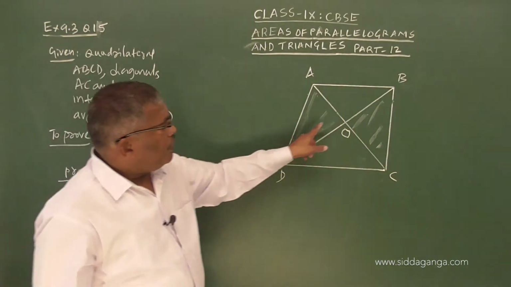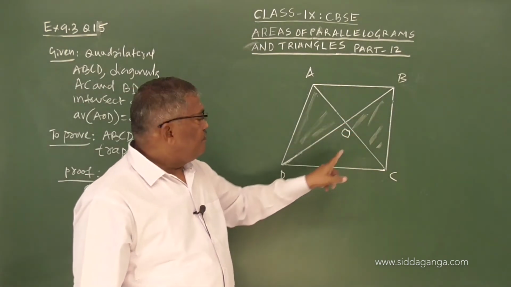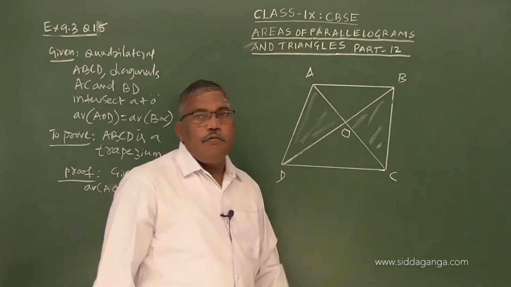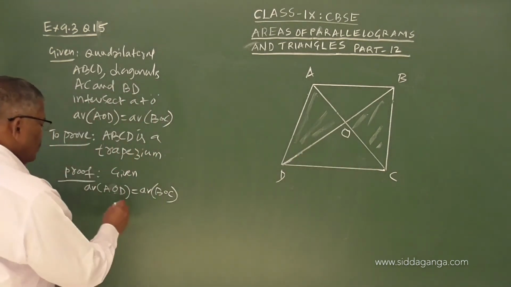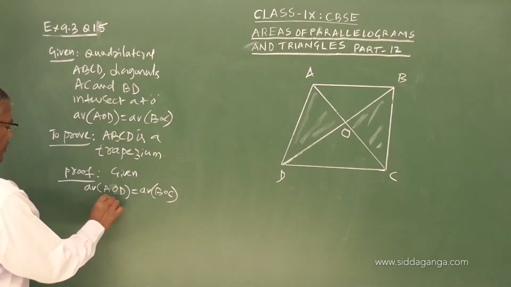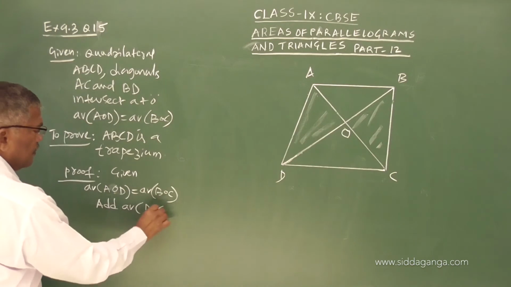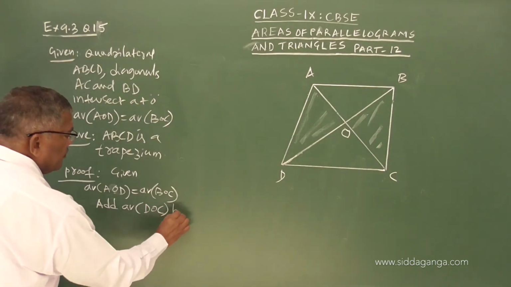So these two are equal, it is given. Now let us add DOC both sides. So add area DOC both sides.